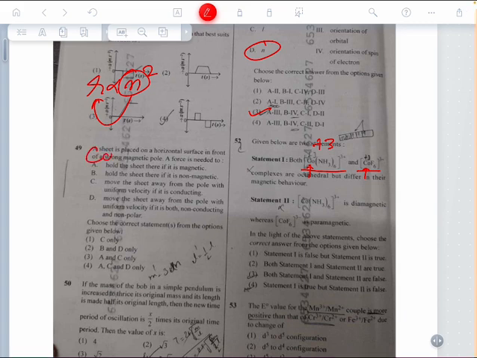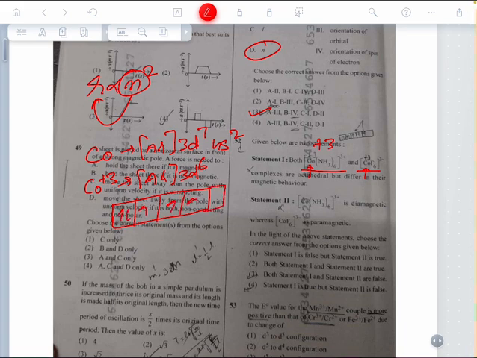Now if I write the electronic configuration of cobalt, it is argon 3d7 4s2. Now in +3 state, the electronic configuration of cobalt +3 will be argon 3d6. Now 3d6 means one paired up electron and four unpaired electrons.